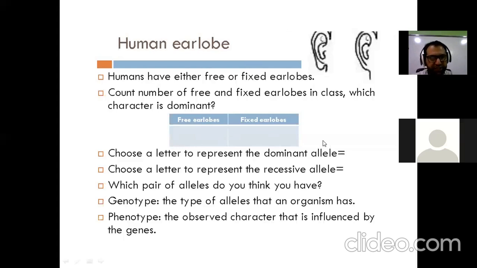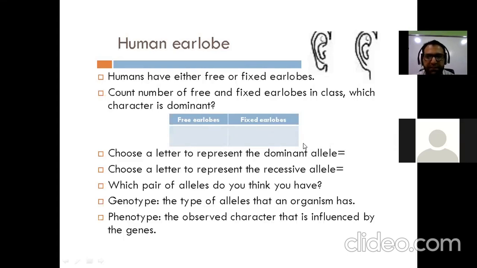Give me reply in chat. Most of you having free, good. Mostly free, right? Anyone having fixed, give me reply in the chat. Most of you free. Good.